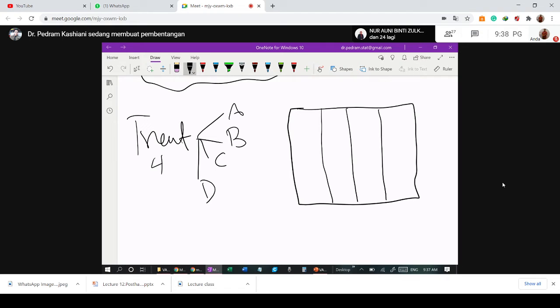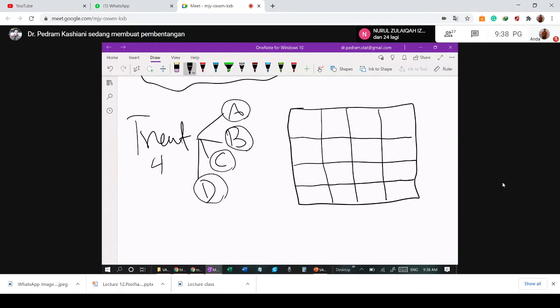Okay, this is block by column, and this is block by row. All right. So now, meaning A should happen 4 times, B should happen 4 times, C 4 times, and D 4 times.